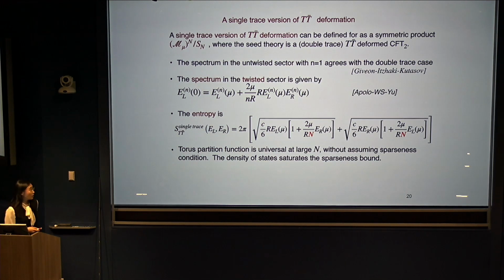That way, we can derive this single trace TTbar energy in an arbitrary twisted sector. In the untwisted sector, it agrees with the double trace TTbar. The modification to the single trace TTbar entropy formula is that you see it has an N there, where N is the number of copies of your symmetric orbifold.